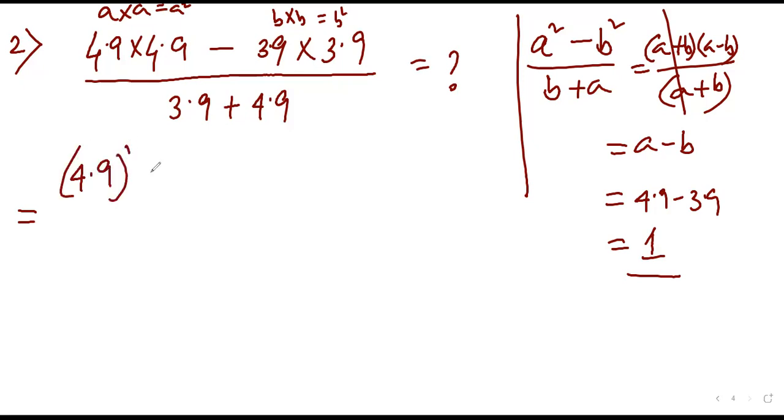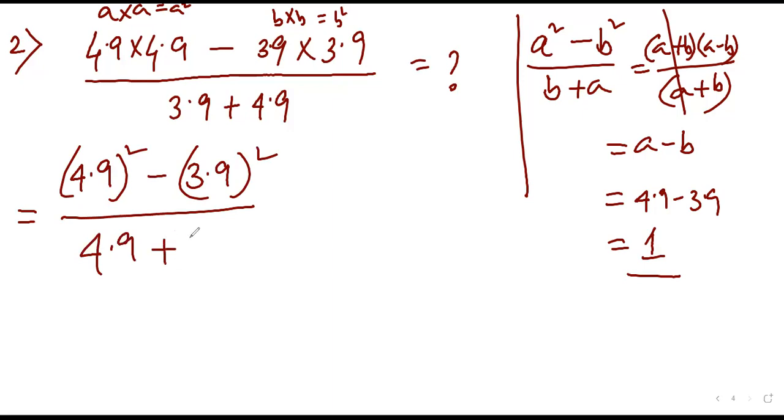4.9 square minus 3.9 square. Most of the students like this way, but this is a too pathetic way. It will kill your time, also it will kill your patience.